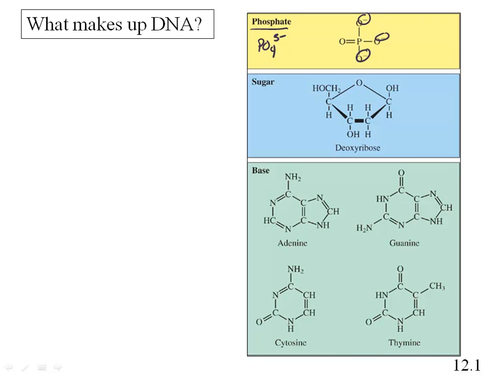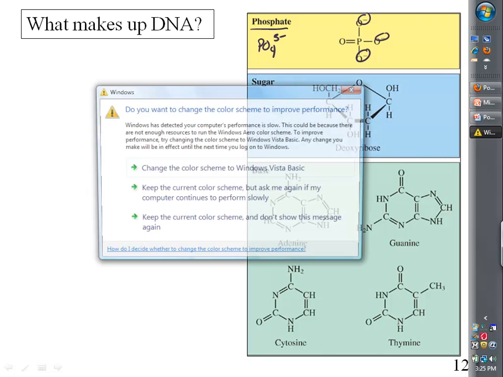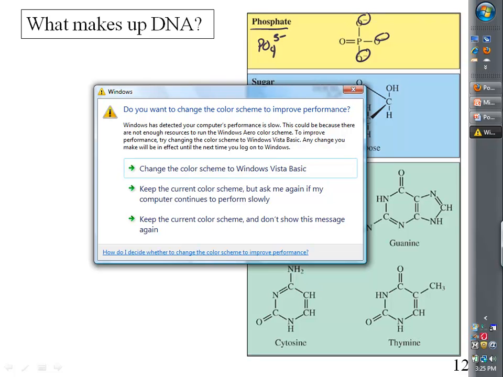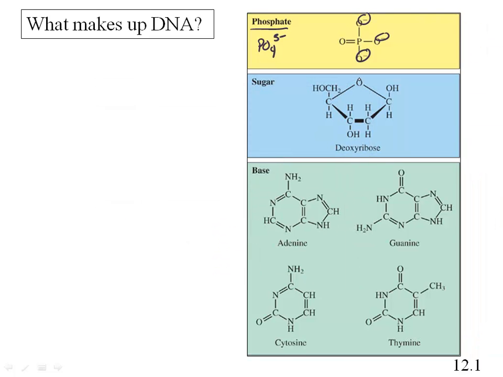So in chapter 12, we're starting to take all the information we've learned in this course and combine it together to bring about an application to biology. We've also talked about, in chapter 11 on nutrition, sugar, CnH2nOn, where n can be different numbers.